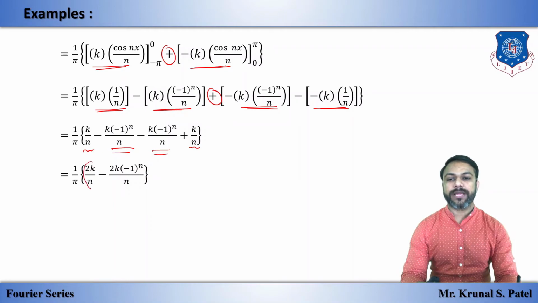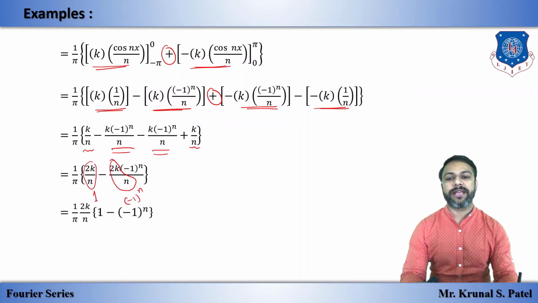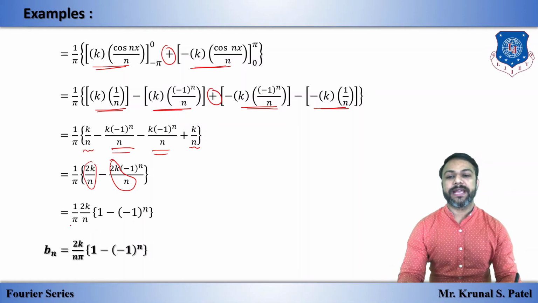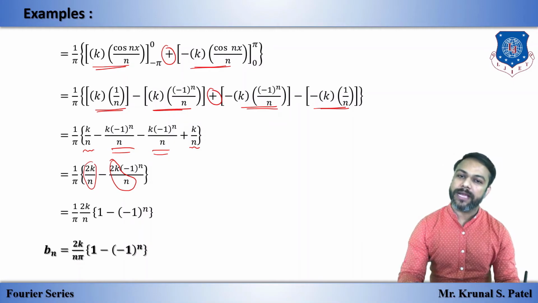We can take 2k by n outside. The remaining part is 1 minus minus 1 raised to n. So by simplifying and writing down this term, we have bn equal to 2k by n pi into 1 minus minus 1 raised to n.